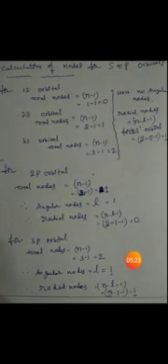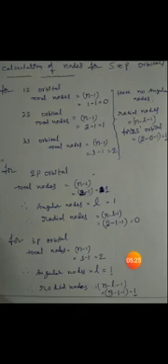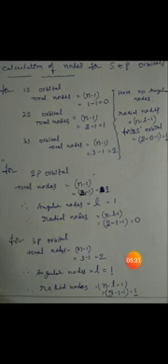In the same way, for the 3p orbital, to calculate the total nodes the formula is n minus 1. For the 3p orbital n value is 3, so 3 minus 1 equals 2. If you want to calculate angular nodes, the formula is the l value, and for the p orbital it is 1.